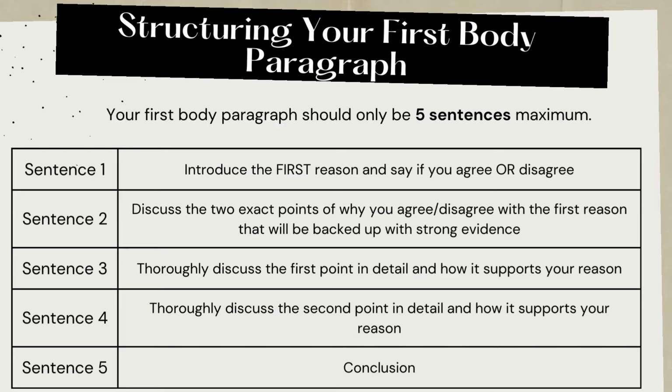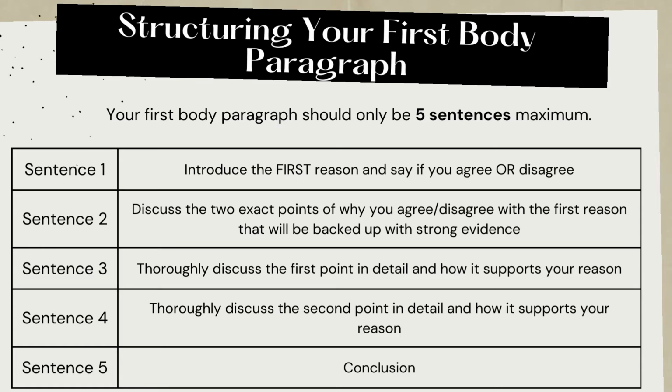Obviously, you have to get to the minimum word limit of 250 words, but try not to exceed that number by too much. Try to aim for the 250 to 275 word limit, because if you are able to write in a coherent and concise manner, believe me, you will be able to get your points across.